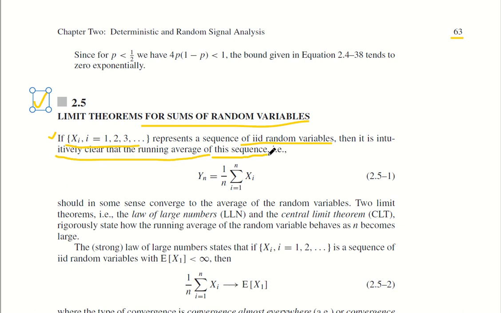the running average of this sequence, meaning that you do the summation of Xi and you make the sum and continue this process up to n and then divide it by n. I guess most of us have experiences of doing this, right? It actually occurs on many occasions.